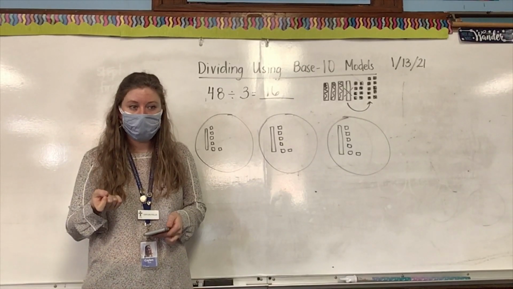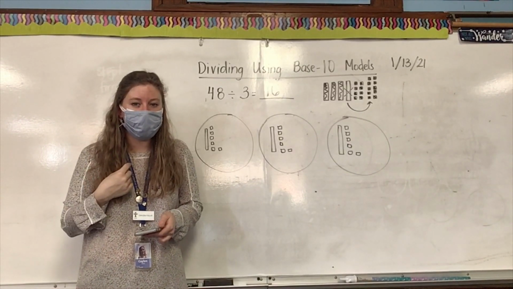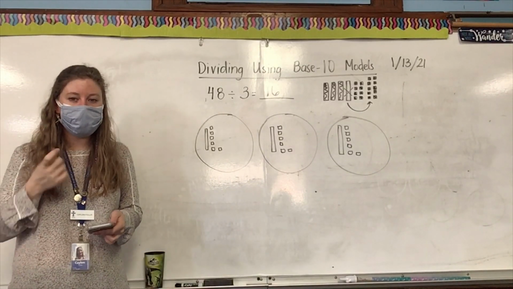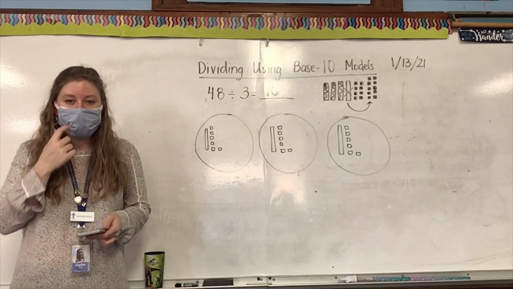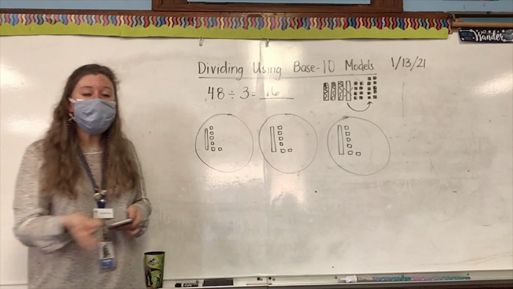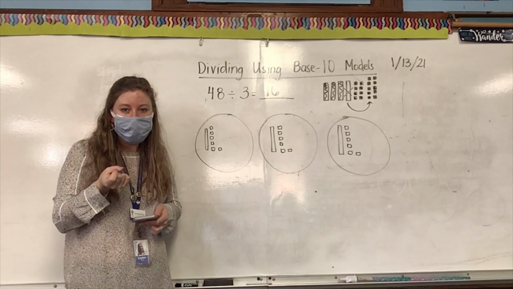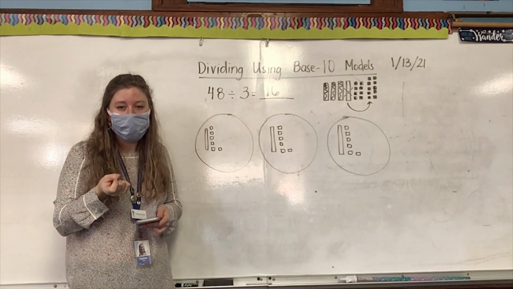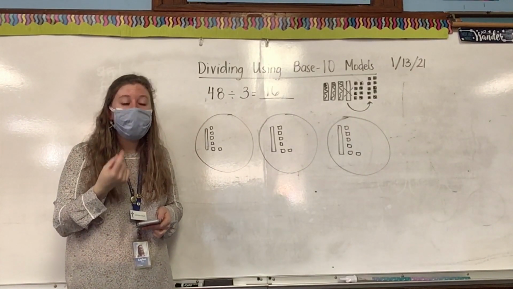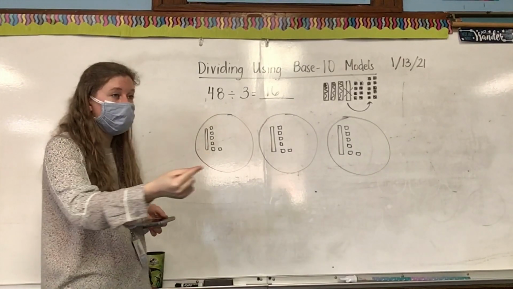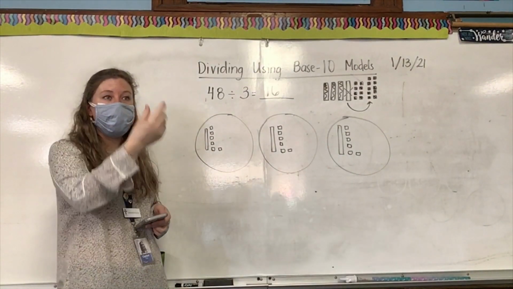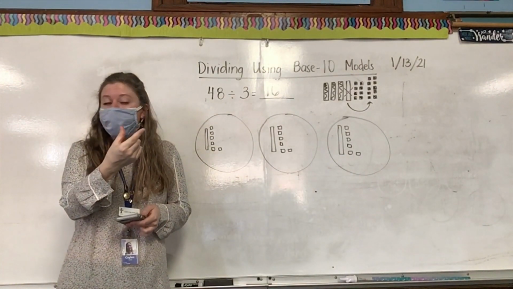The first blank is the dividend. What's the middle blank? The number of groups. What's the math word for it? The divisor. So when you're looking at a model that's already done, the middle number is the divisor. That's the number of groups.